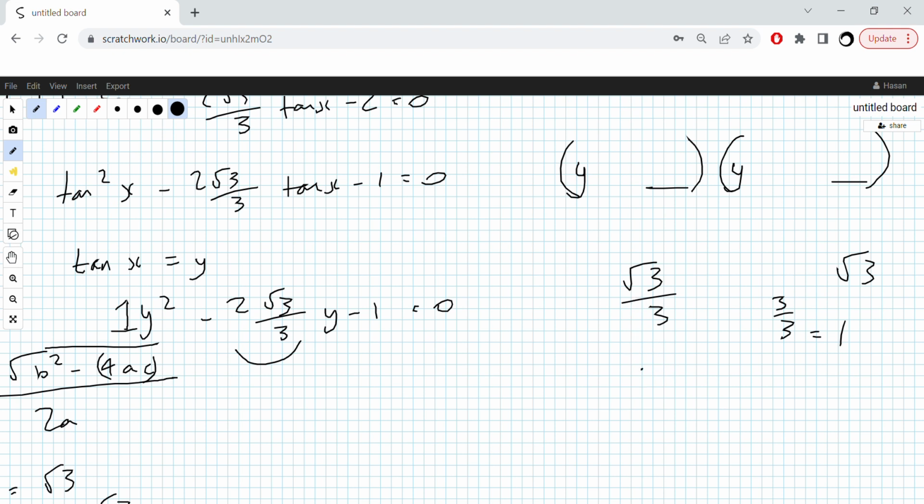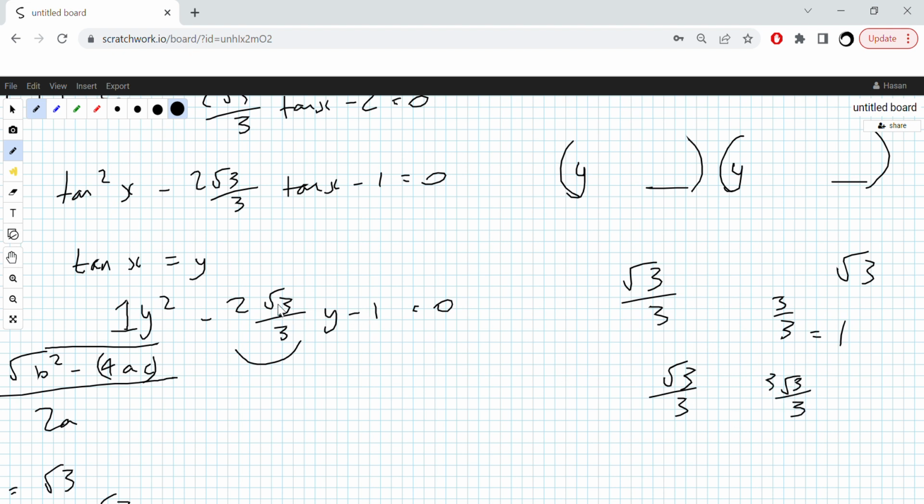If we type them up in simple fractions, we have 3 root 3 over 3 and root 3, we have root 3 over 3, which is already there, and then we would have to make this 3 root 3 over 3.